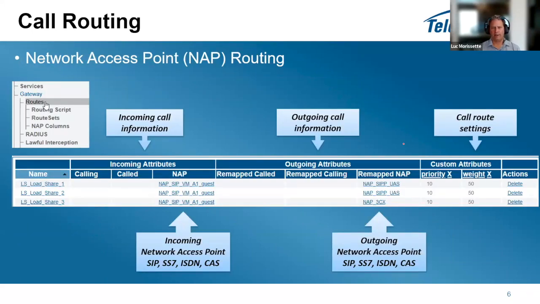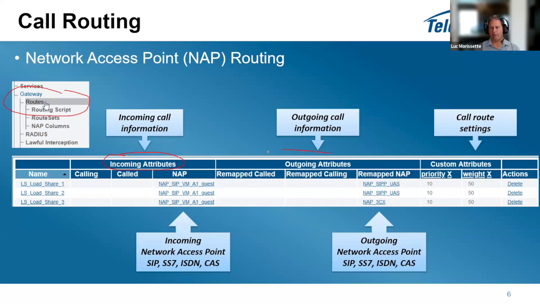When you connect to our web portal, you will have at one step here, routes, where you will see a table that will pop up. Initially, it will be empty, and then you need to fill that up with information. The information is divided in different segments. You have here incoming attributes. So this is information that is coming from the network where it's called.